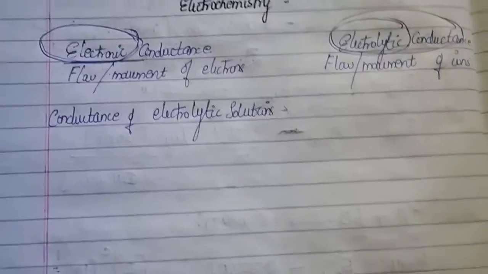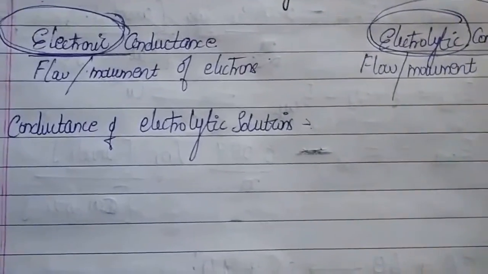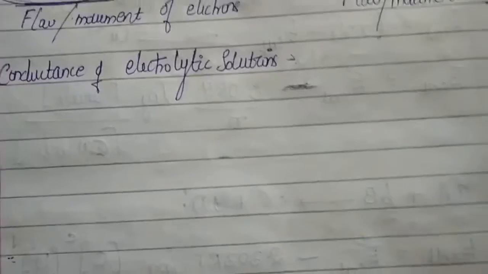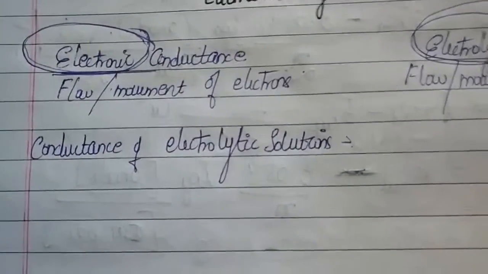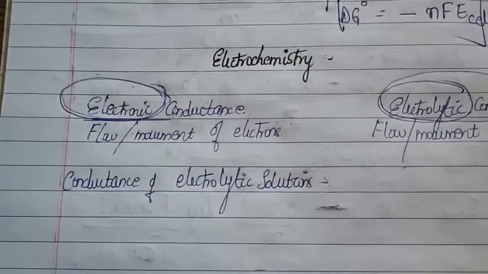Whenever we talk about things related to current and electricity, a common name emerges in our mind. Who is that? Ohm. When conductance comes, resistance also comes along.